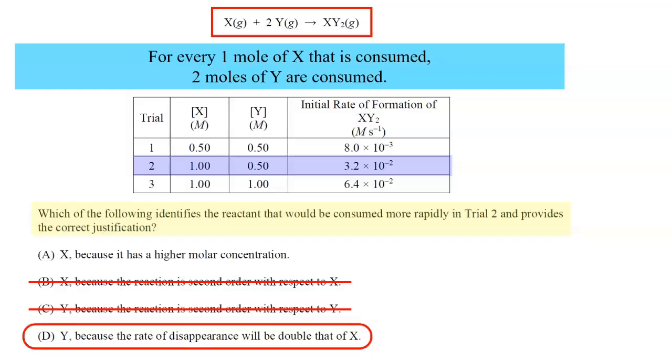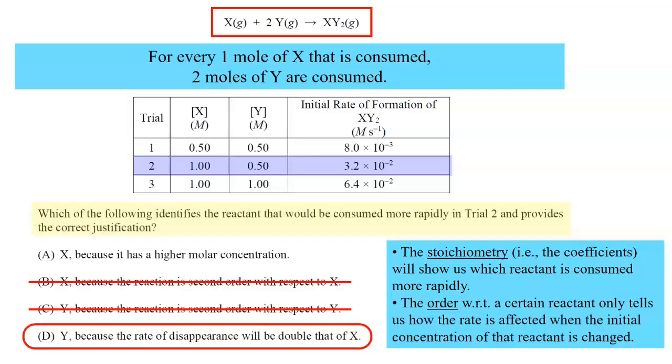Which of the following identifies the reactant that would be consumed more rapidly in trial 2? The answer is Y. Because of the stoichiometry, the rate of disappearance of Y will be twice as much as the rate of disappearance of X. So the correct answer to question 6 is choice D. And the strategy that we used to answer question 6 is the fact that the stoichiometry, that is the coefficients, will show us which reactant is consumed more rapidly.